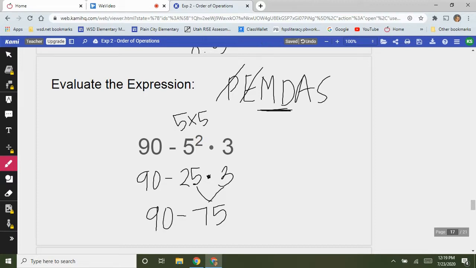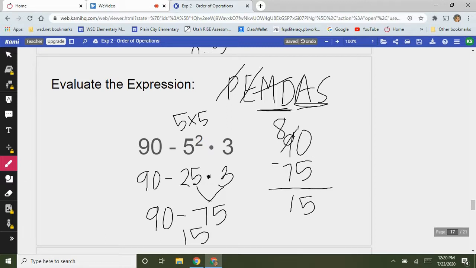Any other multiply and divide? Nope. Add and subtract. Yes. 90 subtract 75. Can't take 5 if I have 0. 10 minus 5, 5. 8 minus 7, 1. So this expression, the value is 15.